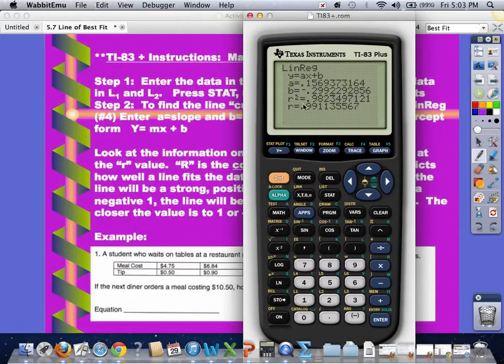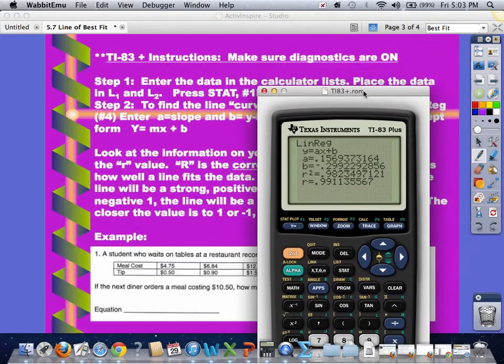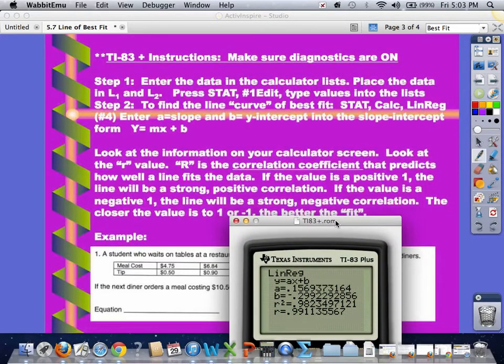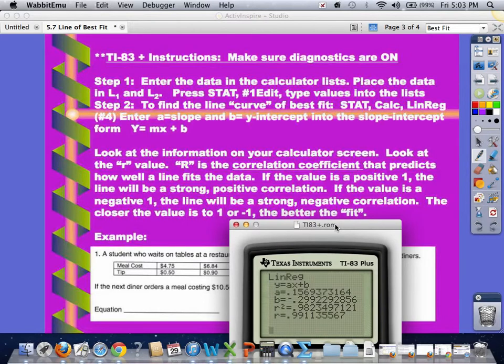Now, you also notice there's an R2 and an R, okay? The R is your correlation coefficient, okay? That's going to predict how well the line fits the data. If the value is a positive correlation, the closer it is to 1, the stronger and more positive the correlation is.